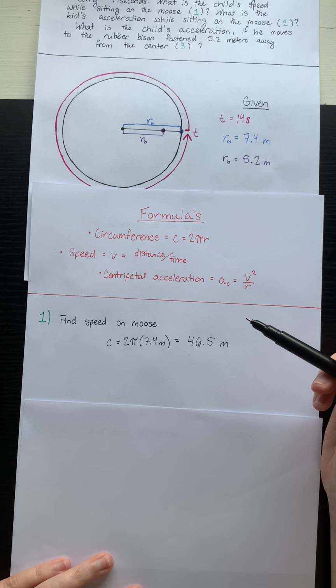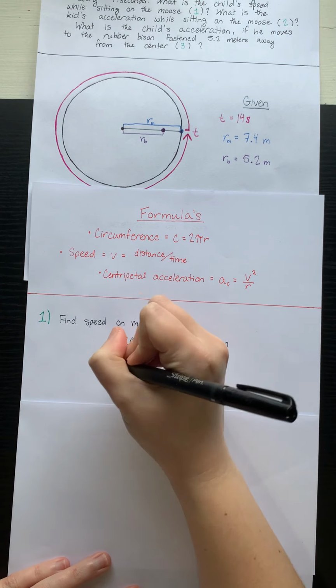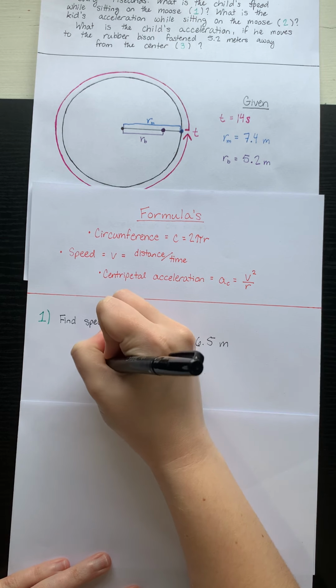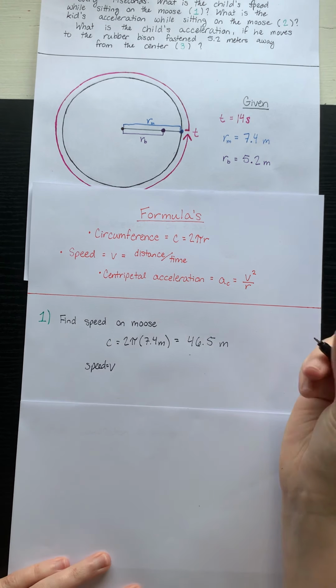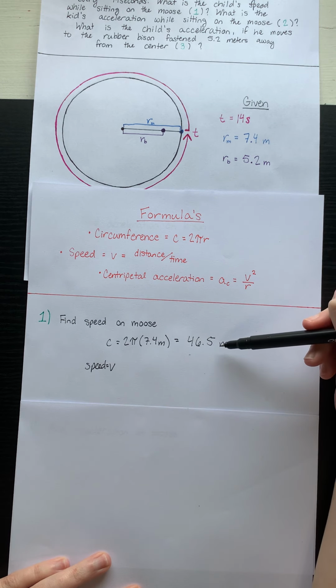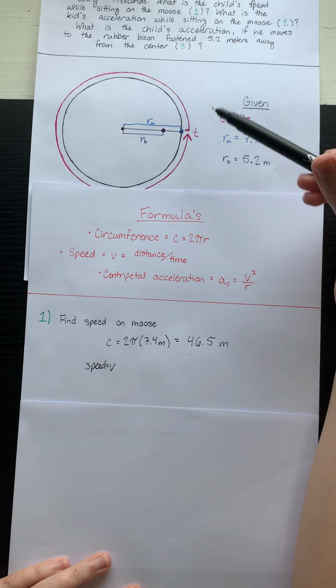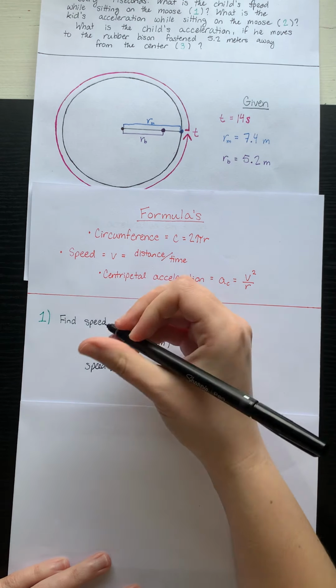So to get the speed, which is the main part the problem is asking for, we're going to use this formula right here and solve for this distance over the time t it takes for the moose to make a full lap.